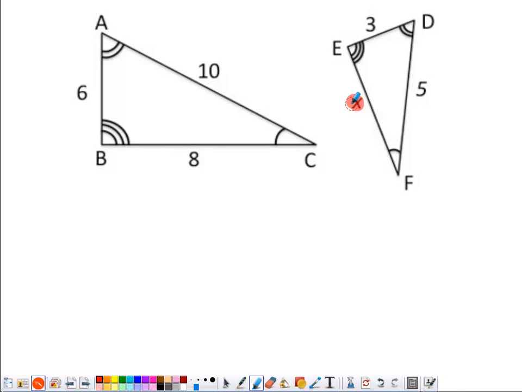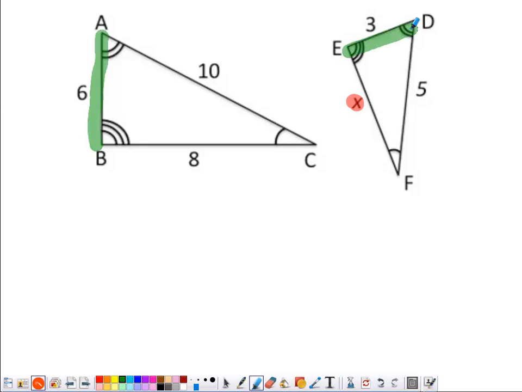Okay, Carson, what do you think X is? 4. Okay, and why? You told me it has to be half. I didn't say it has to be half. I said, which side does 6 correspond to? You told me 3. So this side corresponds with this side.